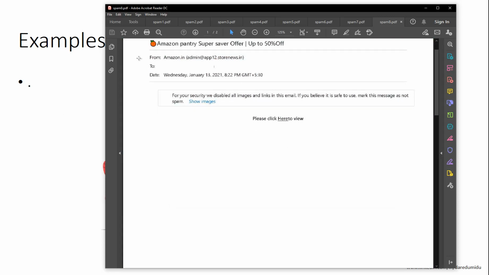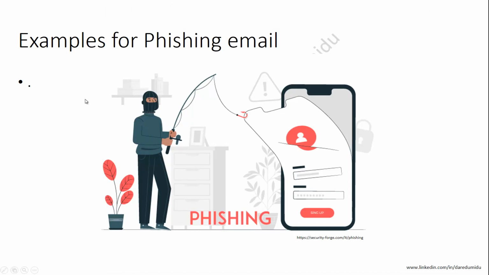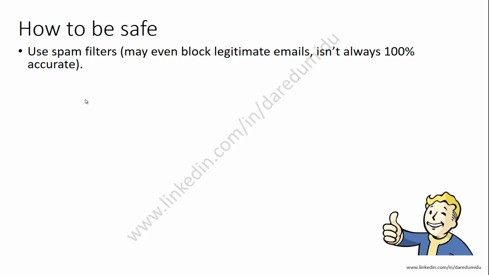Right. So now we get these kind of emails, but how are we going to save ourselves from these types of tricking actions? So first thing, we can use a spam filter, but we should know that spam filters are not always 100% accurate.